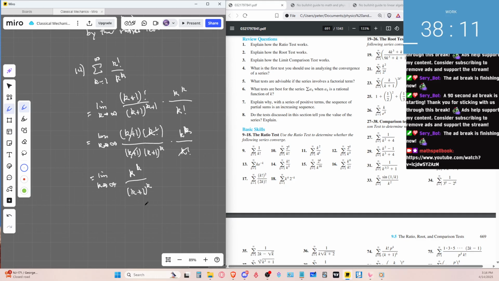I feel like they grow at the same rate, but I feel like it's going to go to 0 much faster because the K on the bottom is higher than this K, value-wise.